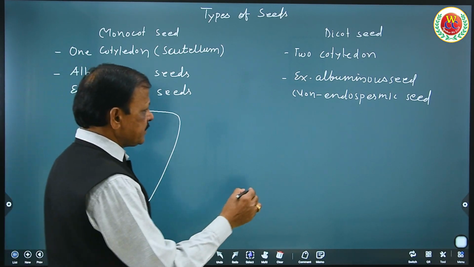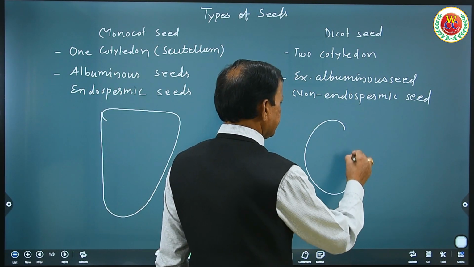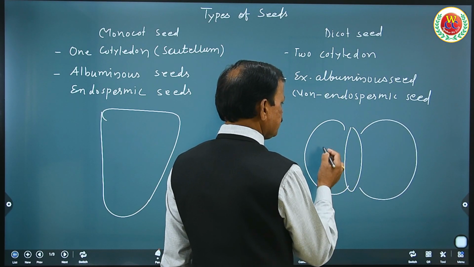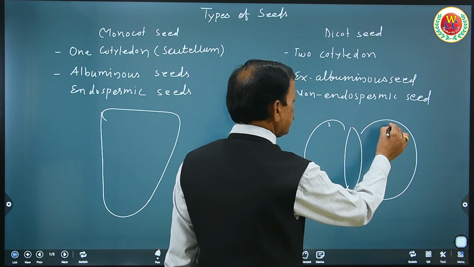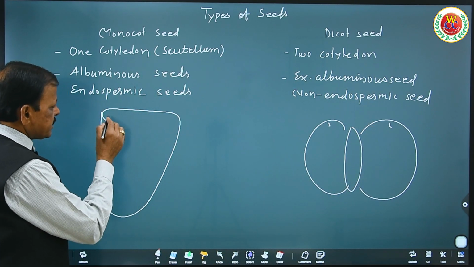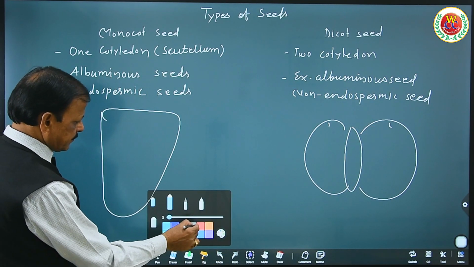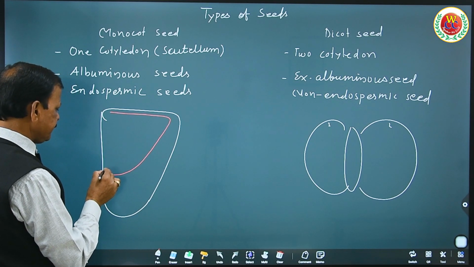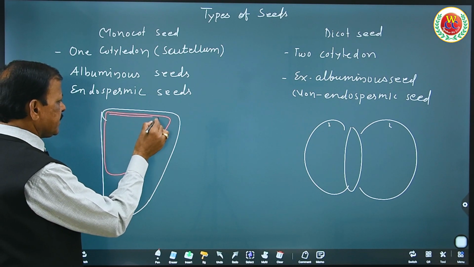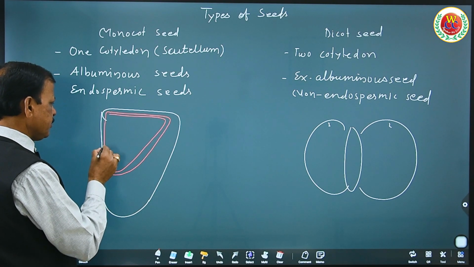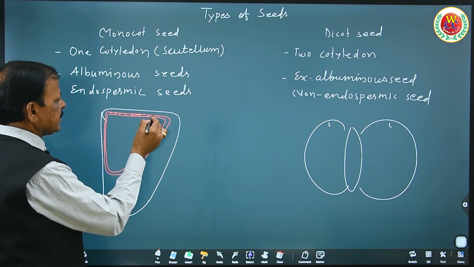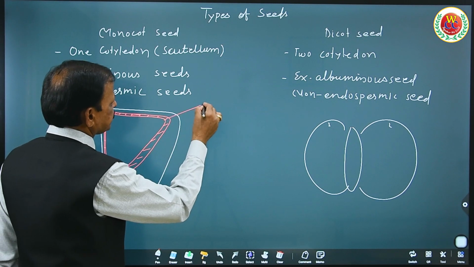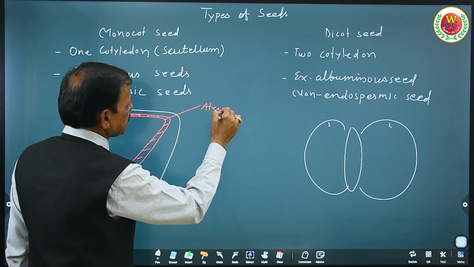Now, to understand this in detail, here the diagram is for dicot, and these seeds consist of two cotyledons, cotyledon 1, cotyledon 2. Here in monocot seed, this is the aleurone layer all around the endosperm.